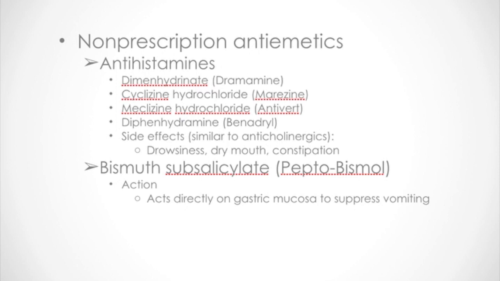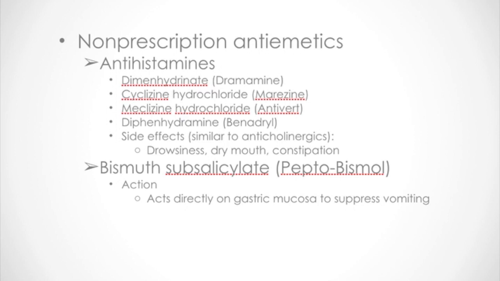What are the different antiemetics that we want to talk about? Well, the first subtype is antihistamines, which we've talked about quite a bit. Select antihistamines are antiemetics and can be purchased over the counter to prevent nausea, vomiting, and dizziness caused by motion. These drugs inhibit the vestibular stimulation in the middle ear.